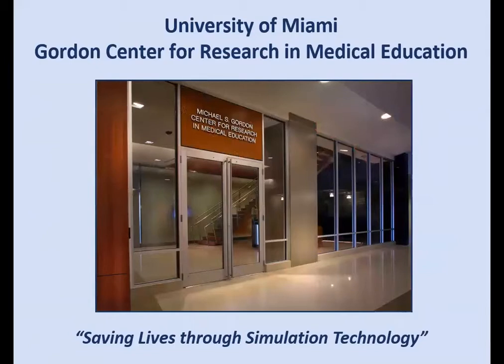This is the center that he founded and which bears his name. I'm frequently giving tours for people visiting our center, and if you walk through the entranceway here and you look up above, we have our mission statement right there for everyone to see: saving lives through simulation technology.